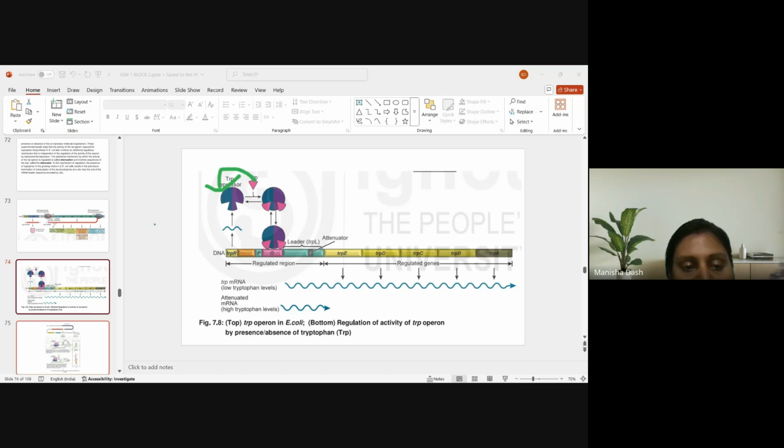So the active repressor will go and bind to the operator region, because of which the mRNA synthesis will be slowed down. So this is why this can be called a repressible operon, where the element itself is suppressing the expression of the gene.